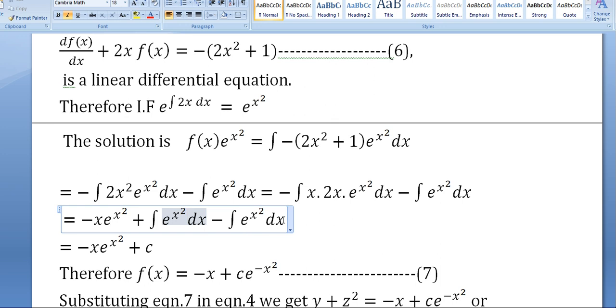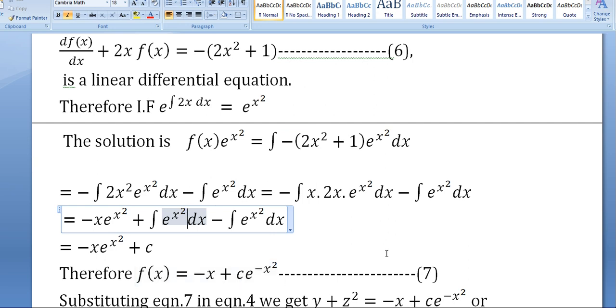Now when you notice this, these two integrals will get cancelled and we get minus x e power x square plus c. And the left hand side is f of x into e power x square. Therefore, f of x will be equal to minus x plus c e power minus x square.